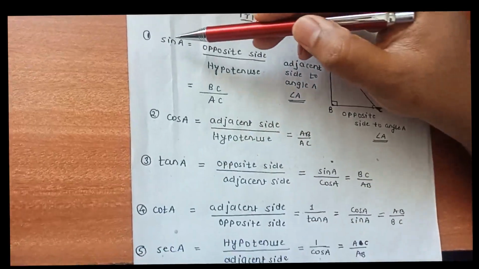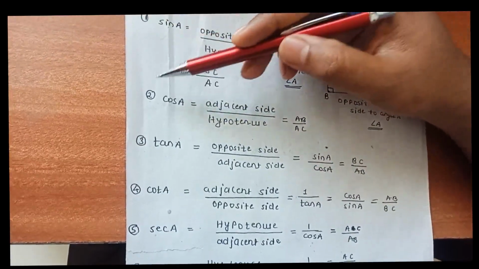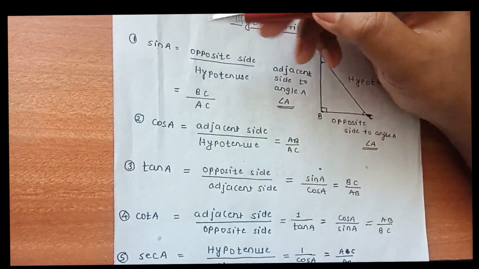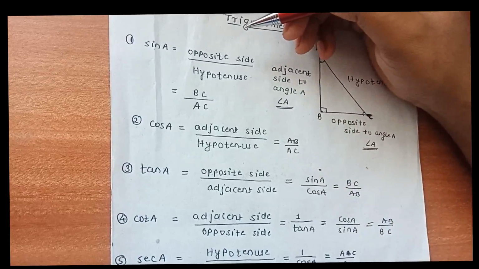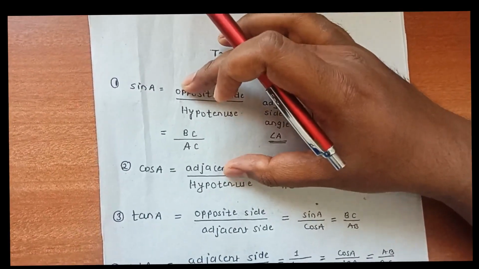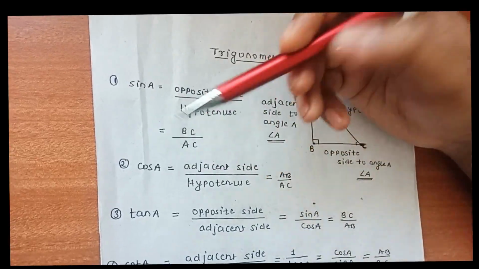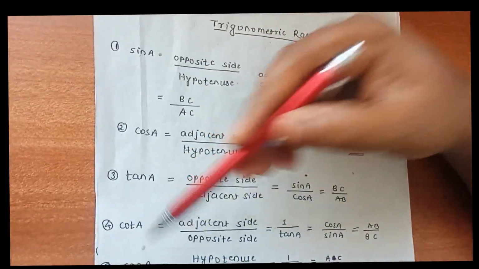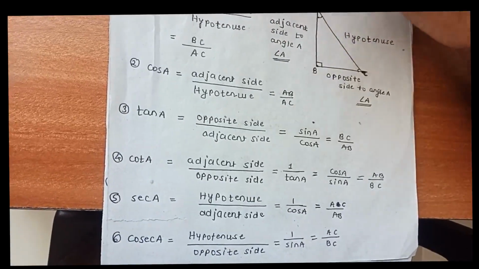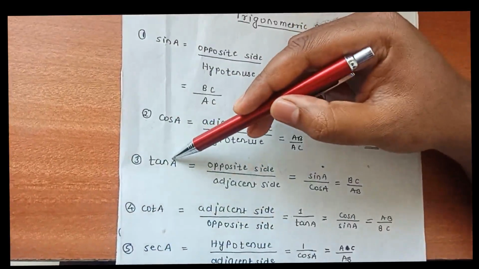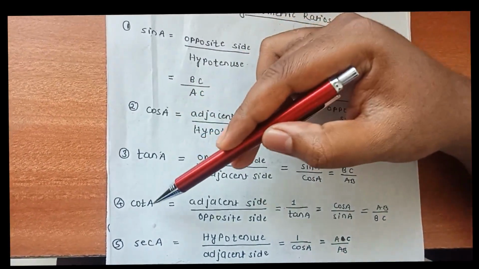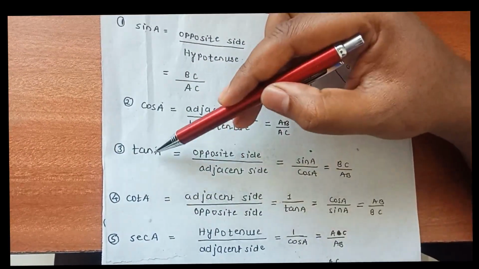Out of those, sine and cos are called the original trigonometric ratios, or the non-derived trigonometric ratios, because these are the two ratios which were present in ancient times. After that, tan, cot, sec, and cosec are the derived ones. What does derived mean? We can find the tan value once we know the sin and cos, or we can find the cot value once we know the tan value.